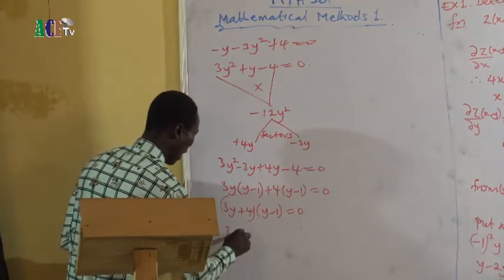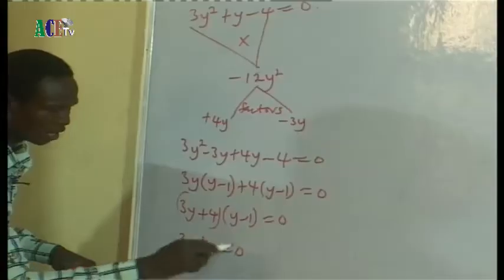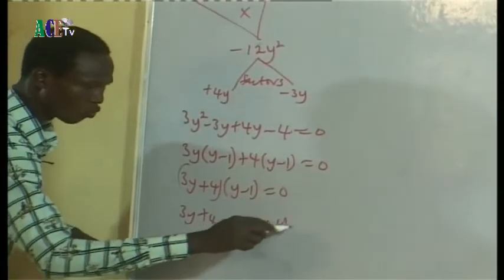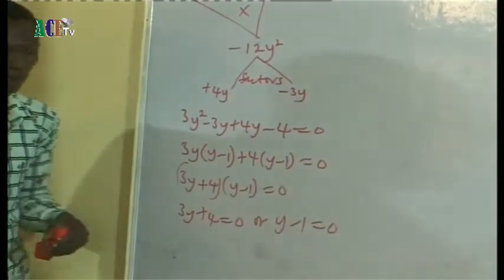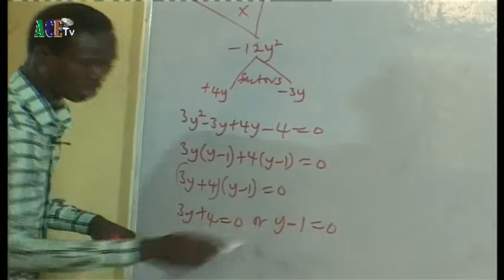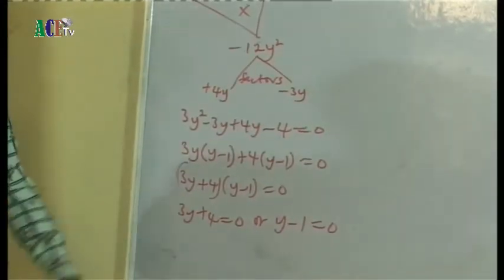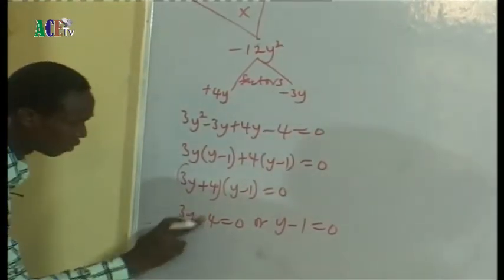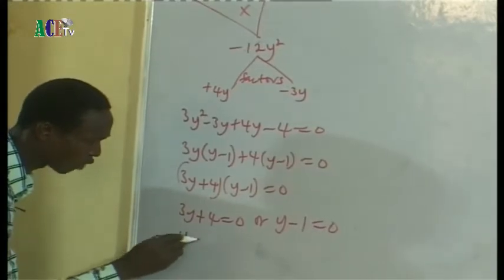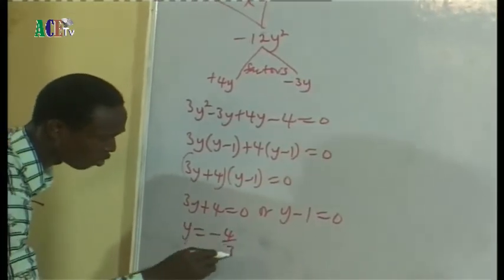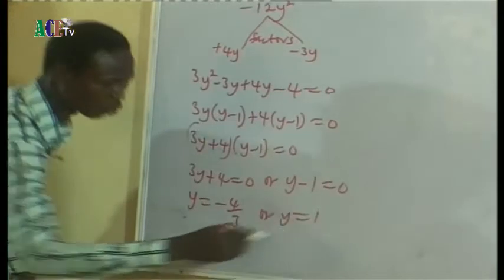Then I have 3y plus 4 is equal to 0 or y minus 1 is equal to 0. I am not supposed to do this one for you one by one. It's a GSS2 topic. Then I want my y to be equal to minus 4 over 3 or y is equal to 1.